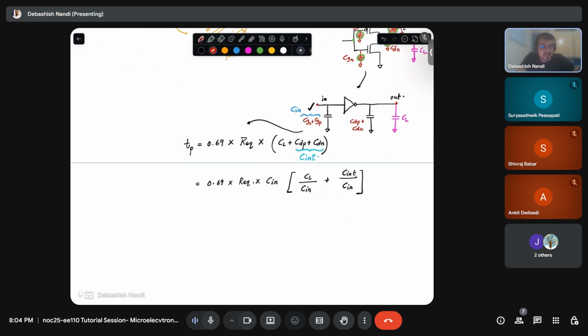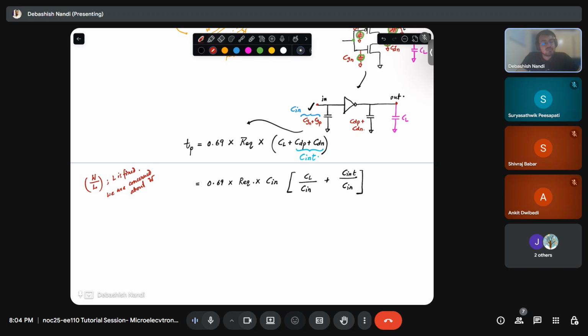Now, from the sizing point of view, let's check how this impacts the delay. Let's say L is fixed. We are concerned about W. That is mainly what happens in the industry as well, because you do not like to play with the length.